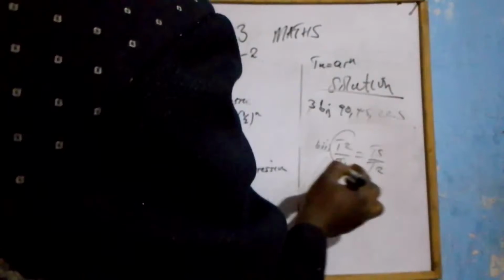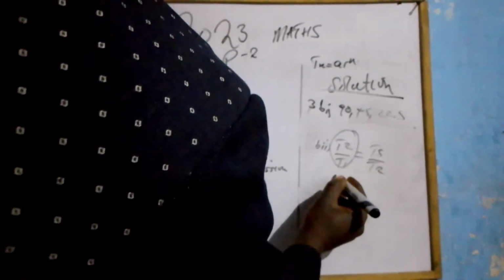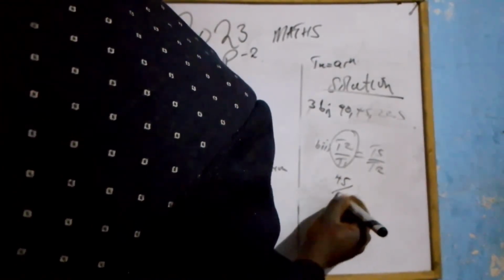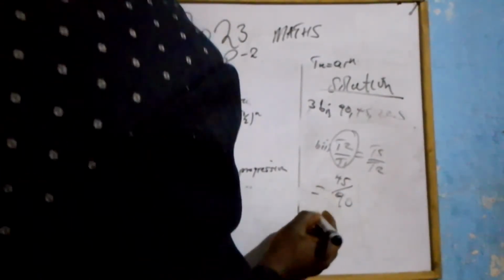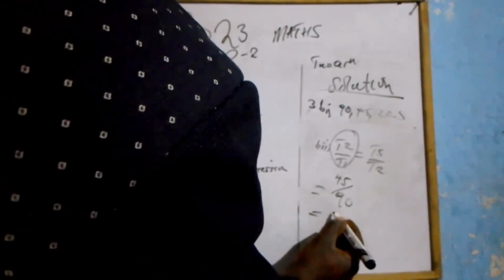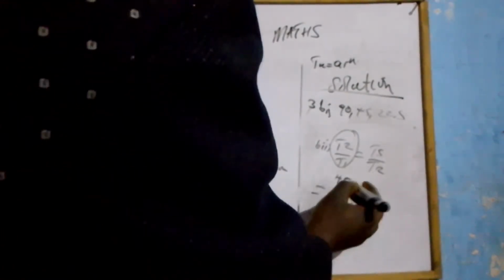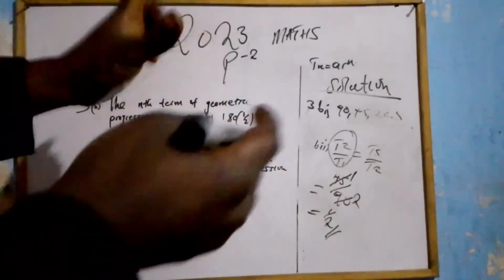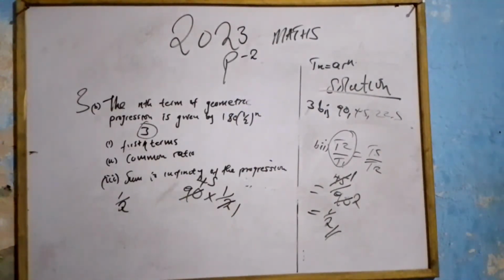If you want, we can just consider this side, so it will be equal to 45/90, which is 1/2. 45 into 45 is 1, 45 into 90 is 2. So this is our common ratio. You just have to show how we find the common ratio.